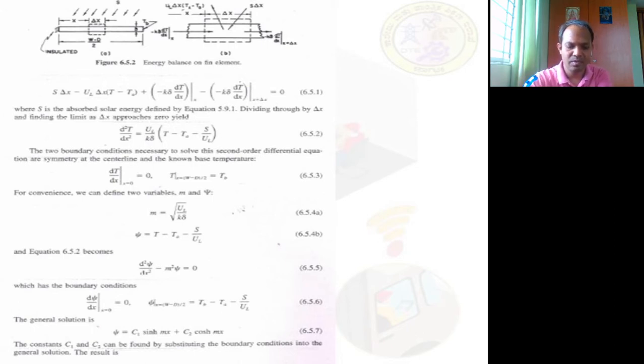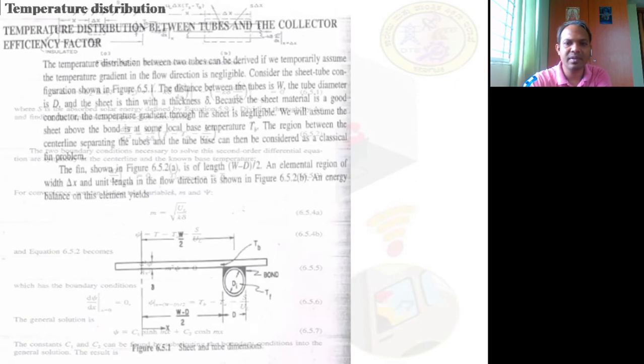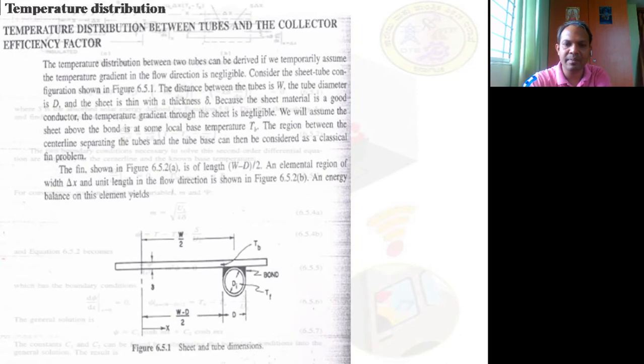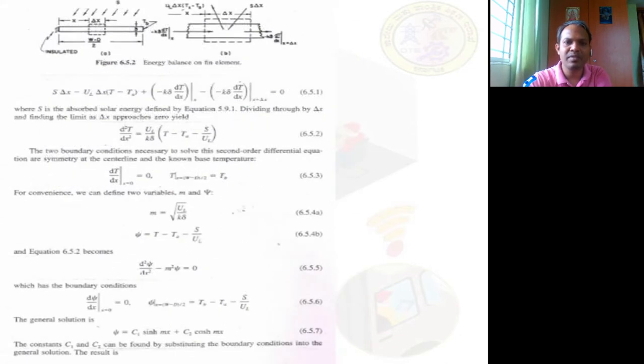Is that clear? So let us take this W minus D divided by 2. As you can see, this is W minus D divided by 2. I have taken only this area, from the dotted line to the outer surface. Now you can get an idea. So this is the area that we have taken. This is TB, and this is the thickness.